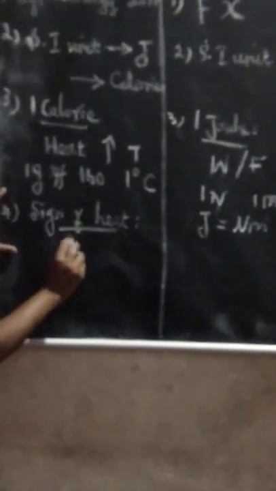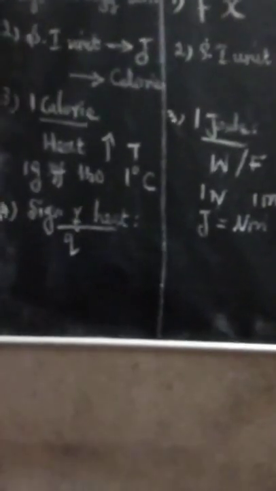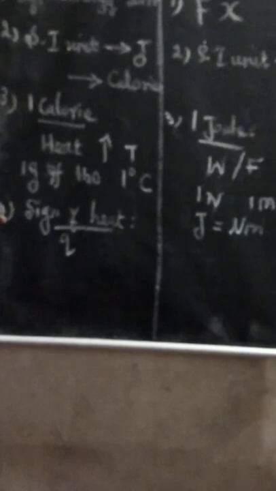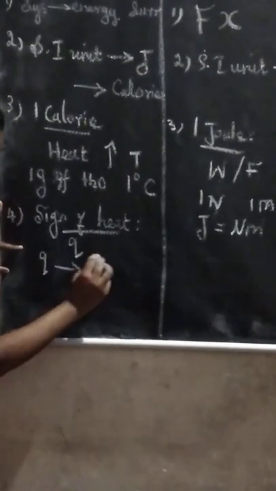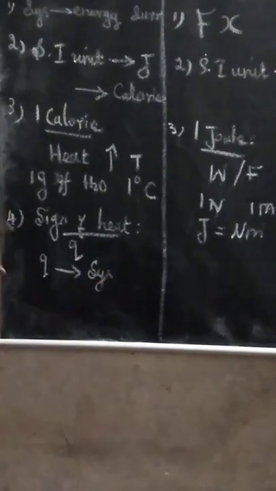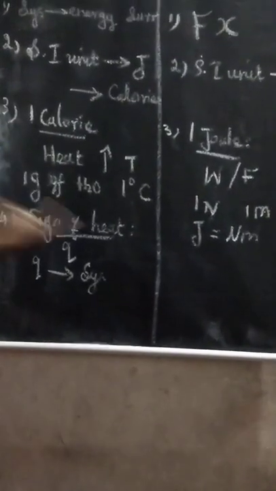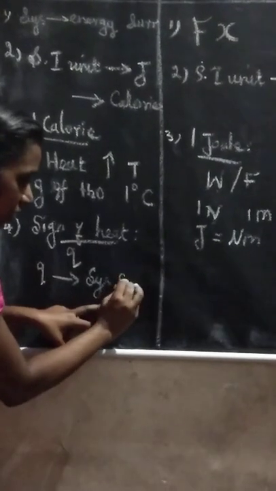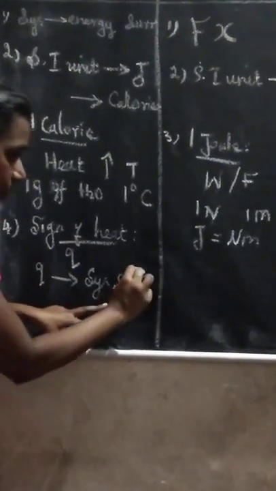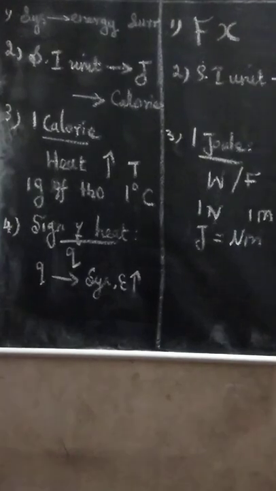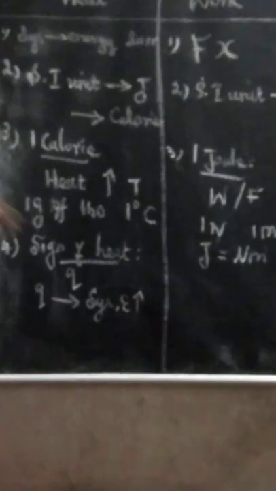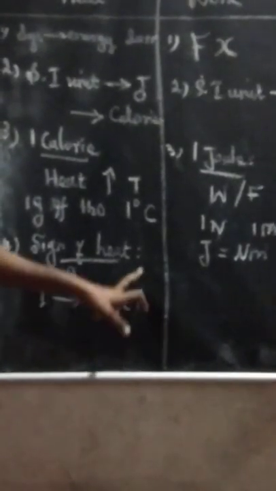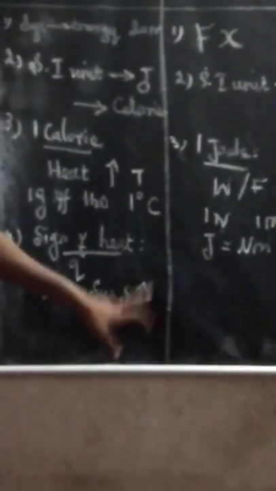The next point, sign of heat. The heat symbol, you know, is Q. If the heat flows into the system, the energy of the system increases.